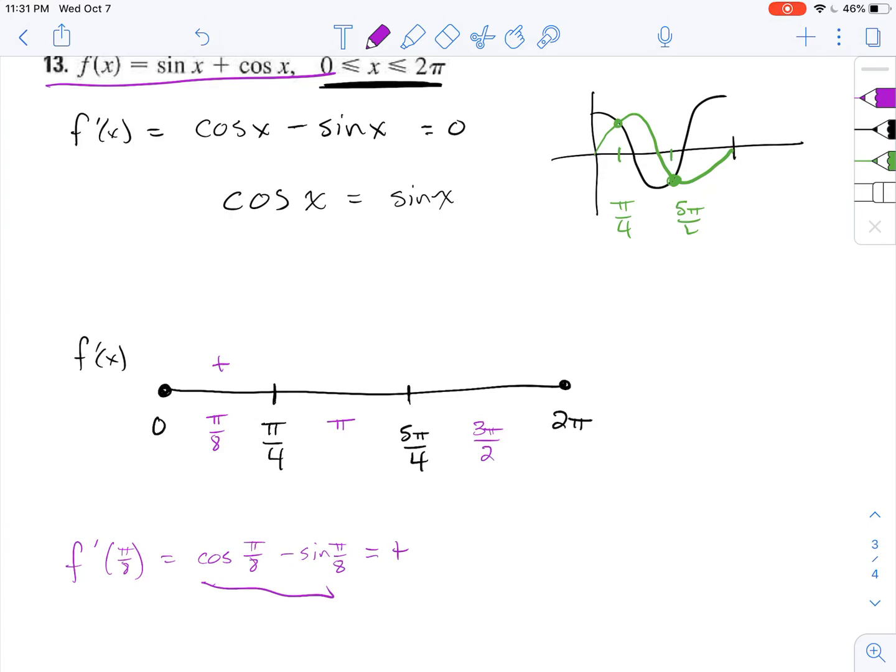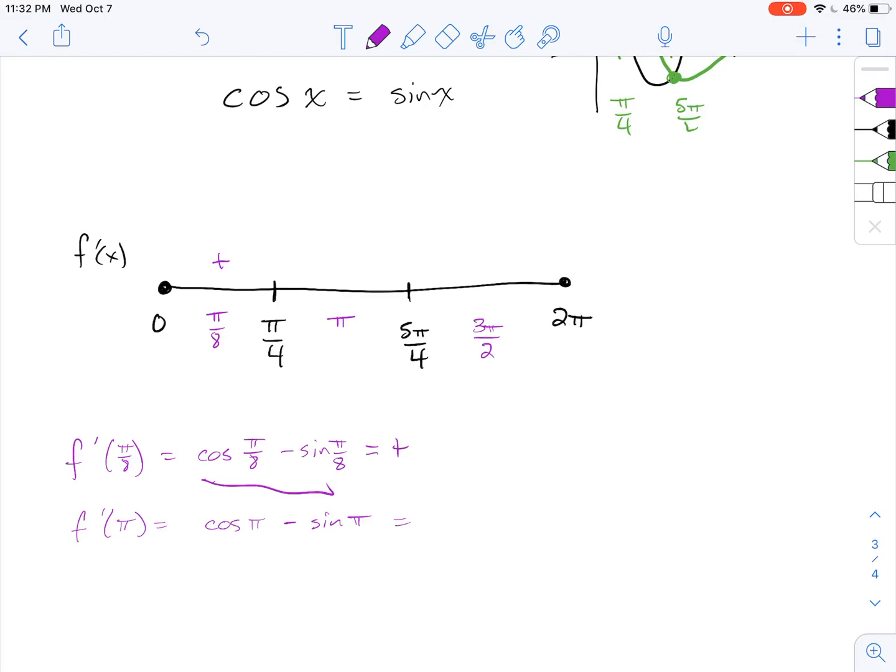All right, for pi, I can do that one because I know cosine of pi minus sine of pi. Cosine of pi is -1, sine of pi is 0. So this is -1. And then 3 pi over 2.